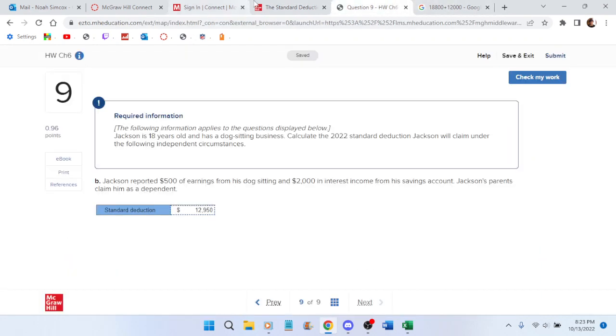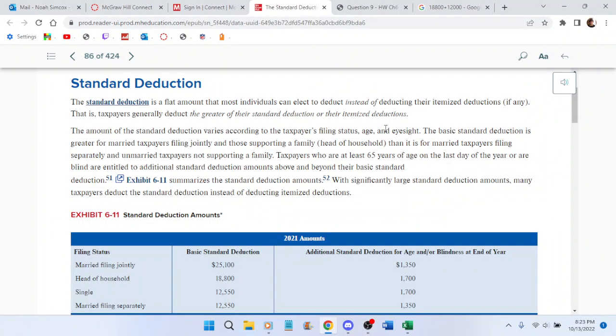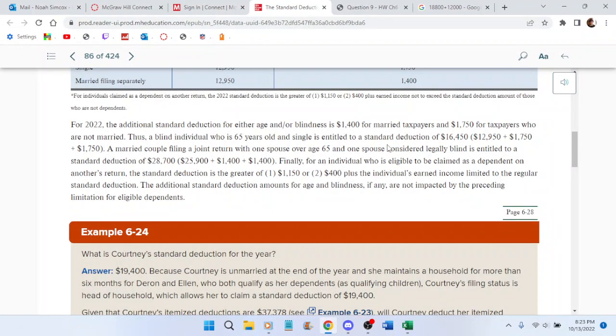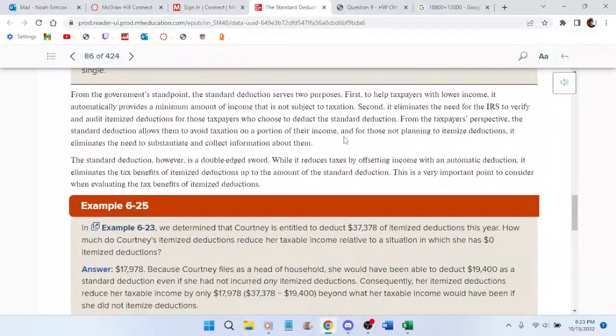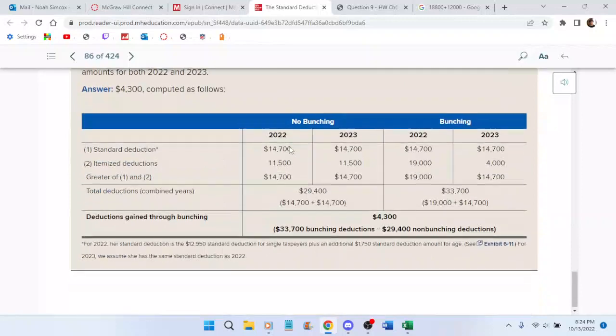The standard deduction is the same whether you're dependent or not. It doesn't have a single thing.